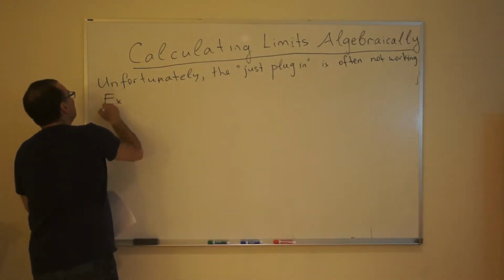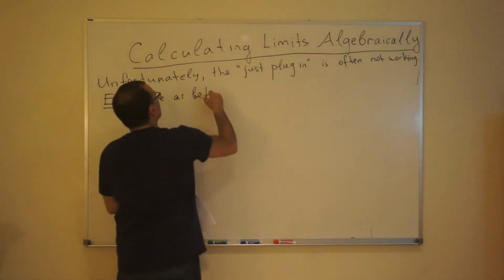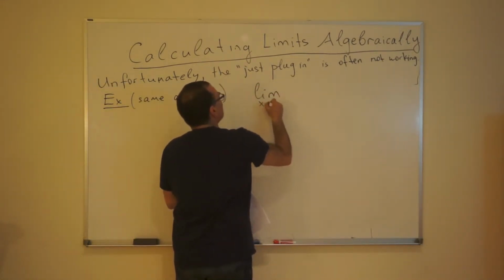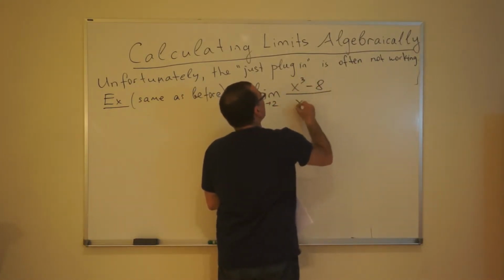And here's one example, same as before. Limit as x approaches 2, x cubed minus 8 divided by x minus 2.